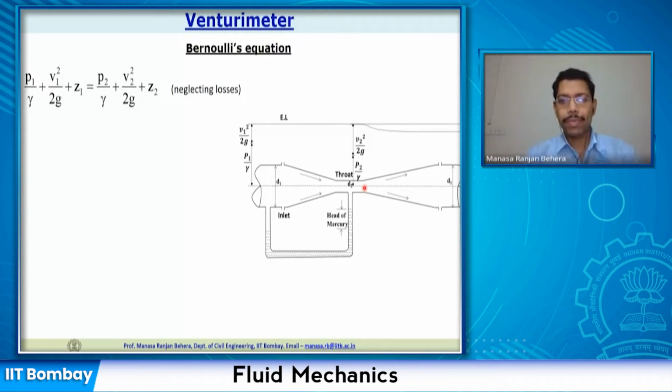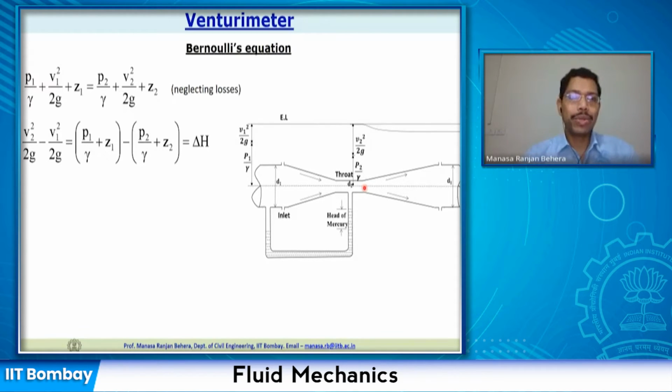All right. Now if we rearrange this equation, we can write V2 square by 2g minus V1 square by 2g is equal to P1 by gamma plus Z1 minus P2 by gamma plus Z2. So basically, you already know the hydraulic gradient, that is P1 by gamma plus Z1, minus the hydraulic gradient at section 2, P2 by gamma plus Z2.